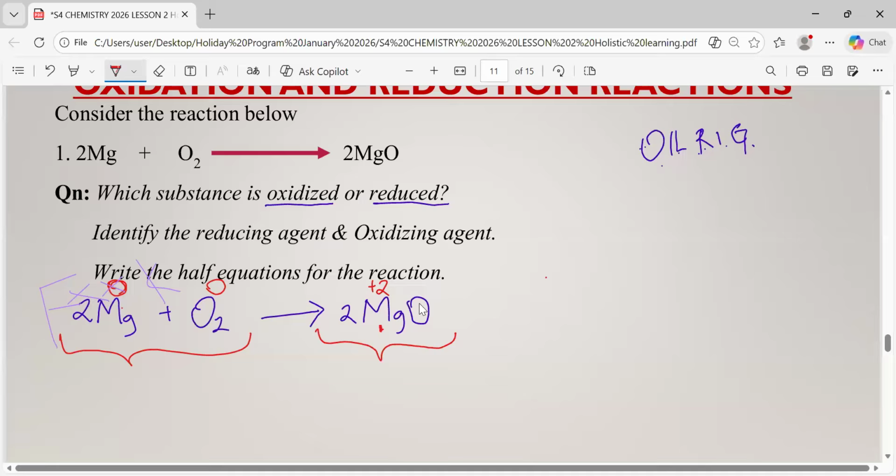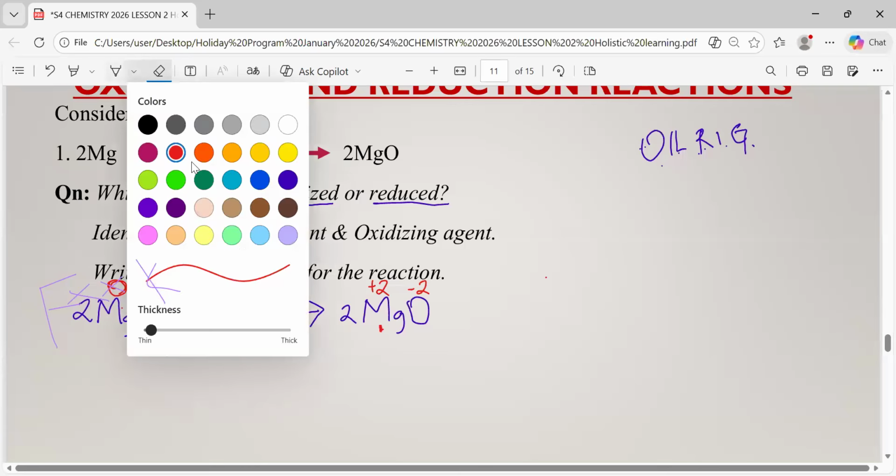While oxygen, we know it as a group 6 element, which gains 2 electrons to become stable, therefore it has an oxidation state of negative 2. Now we want to know, among the two, which one is oxidized and which one is reduced. So we are going to look at that.